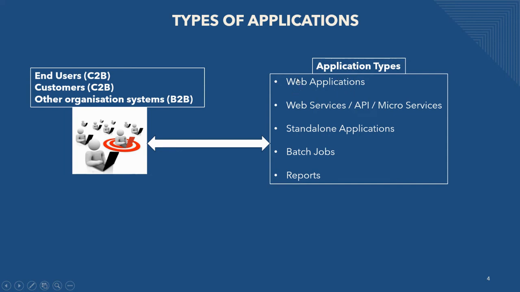Say my requirement from the customer is: developer, you go and develop the application for my end users who access the application just from a web browser over the internet or intranet. That's where the developer will get to know that they need to develop an application so that these users can access it from the browser. So I will definitely go into the web application type. That's where the requirement is.